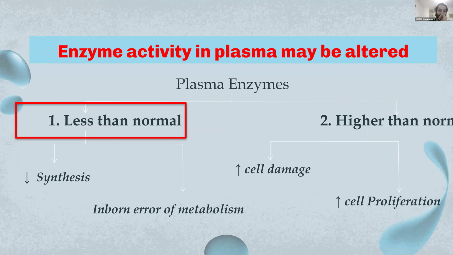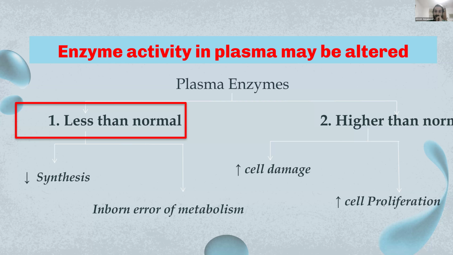This is what I was saying. So less than normal level can be because of decreased synthesis, like if you have malnutrition, the liver is not able to produce enzymes, whatever the cause, or you have an inborn error of metabolism. As I said, you have a gene mutation causing lack or absence of the enzymes or decreased activity of the enzyme.